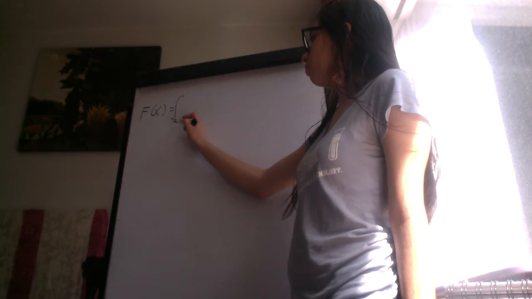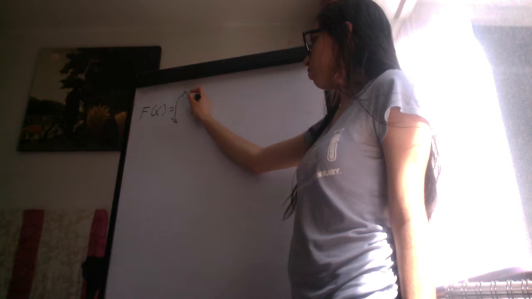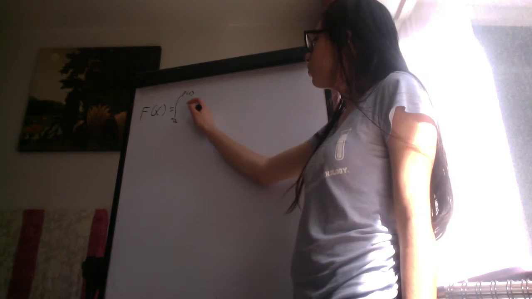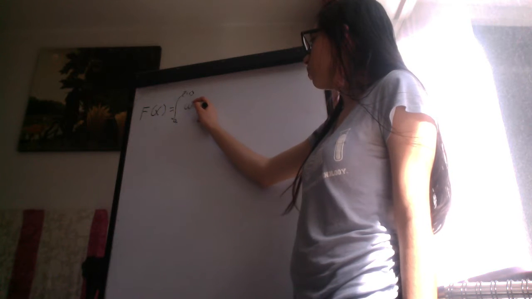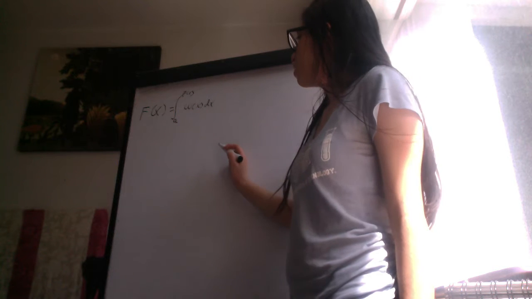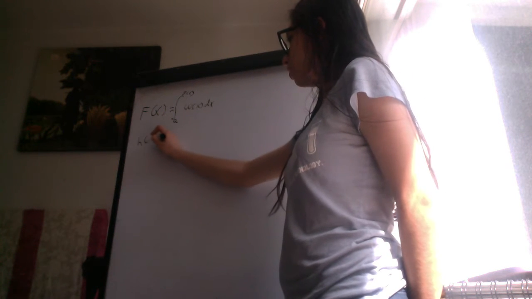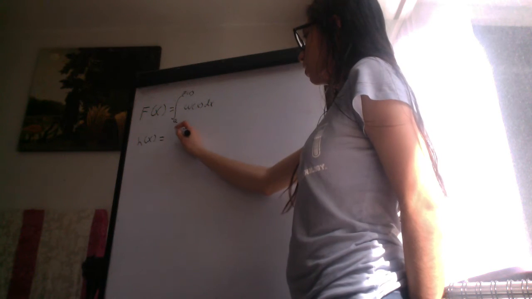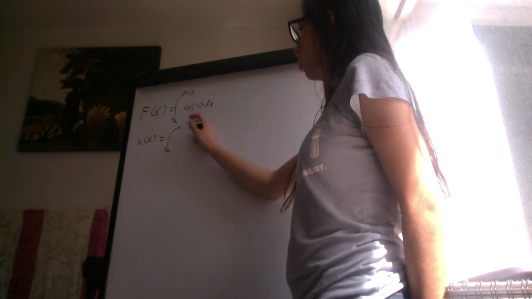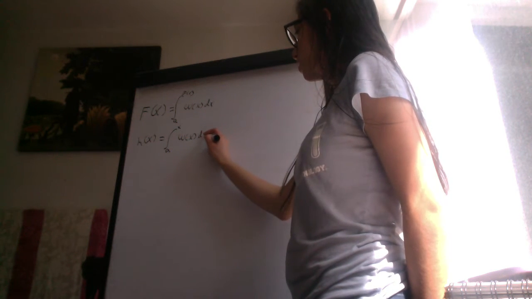from a to some function of x, g of x, of another function, w of x dx. So let's say that h of x is the defined integral from a to x of w of x dx.